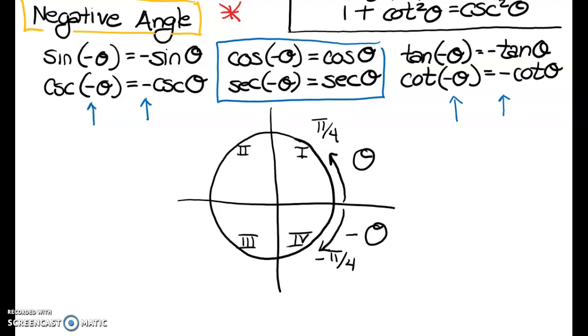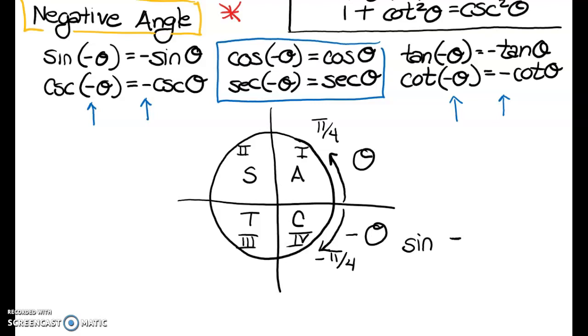And if you remember, we had a little acronym, all students take calculus. So let's take a look at the signs of our angles with respect to our trigonometric values. So if I take a look at the sine of negative pi over 4, well, sine is negative, right? Sine is negative in Q4.